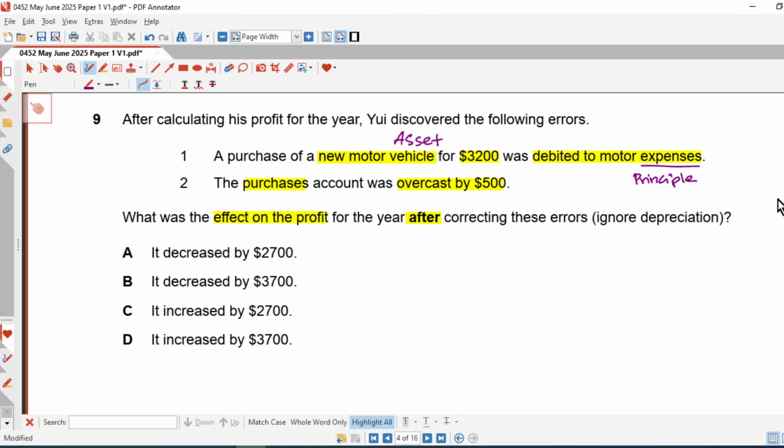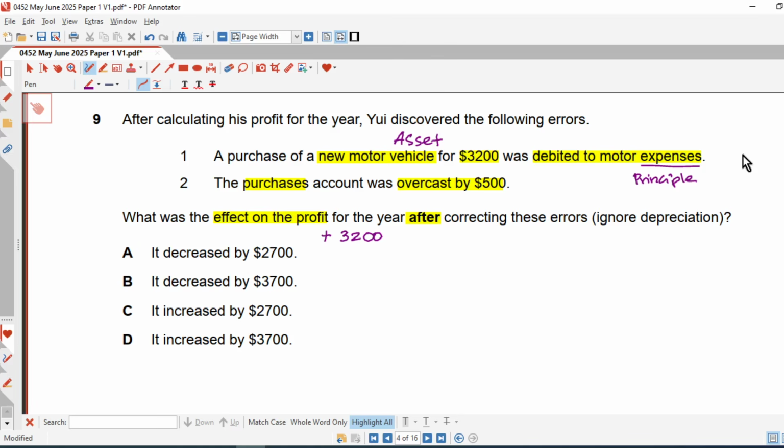You went into the wrong account of the wrong category. It was supposed to be an asset, but you recorded expenses. So when you correct this error, your profit will eventually increase by 3,200 because you're removing the expense away.